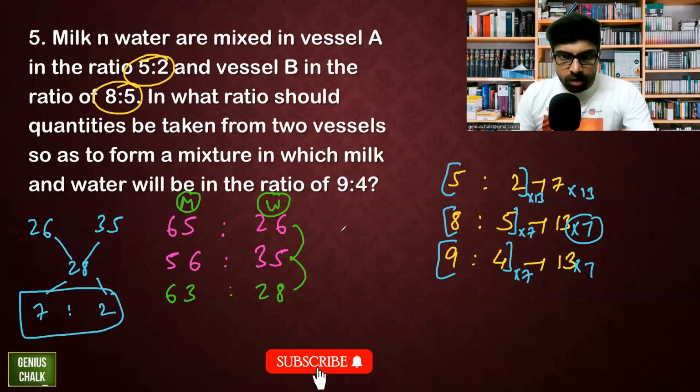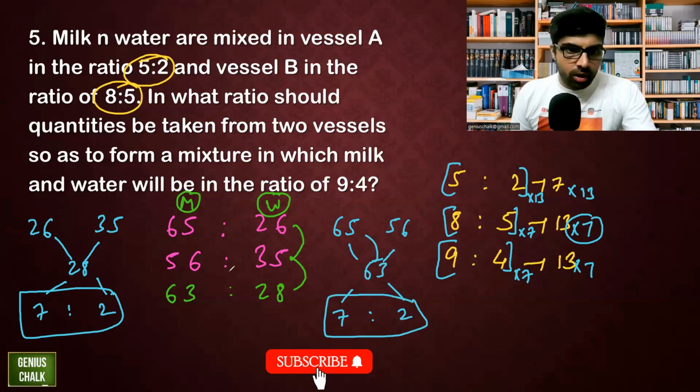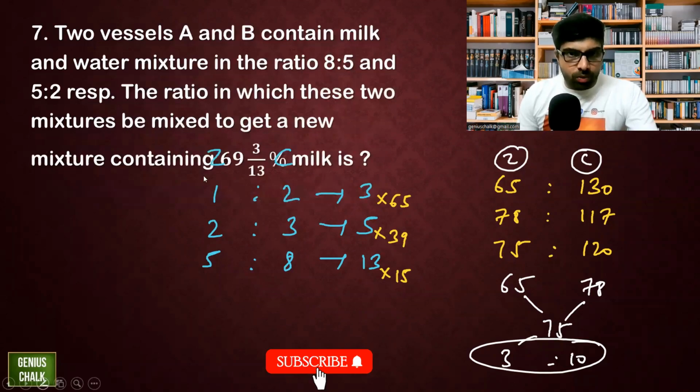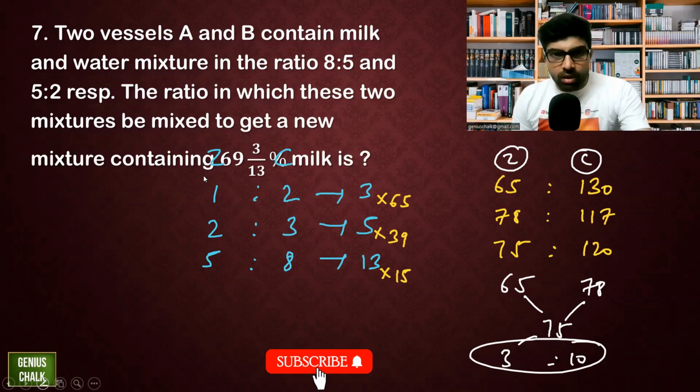You can take this as well, 65, 56, and 63. So this becomes 7, and this is 65 minus 63, that is 2, so 7:2. This is one of the approaches you can use to solve this question. Let's come to the next one. Now we'll try to learn some new method by which we can find our answer even faster.